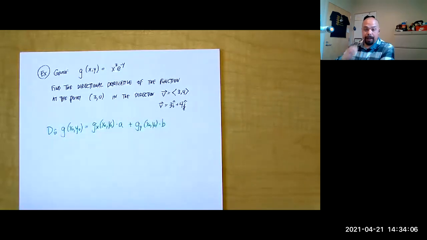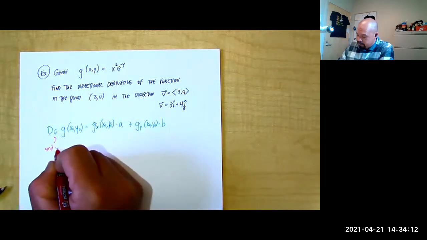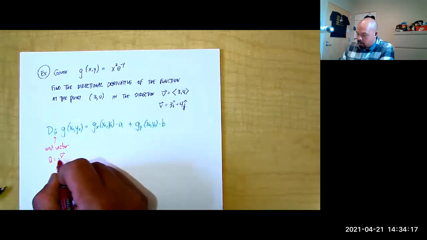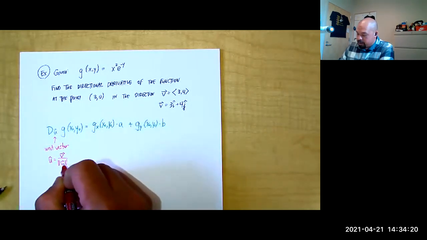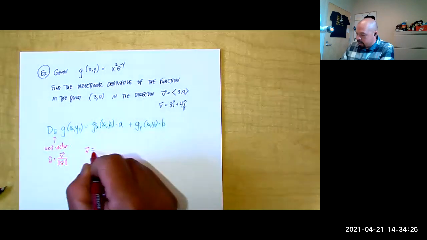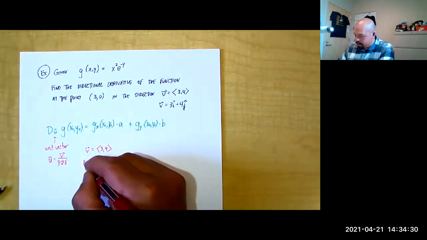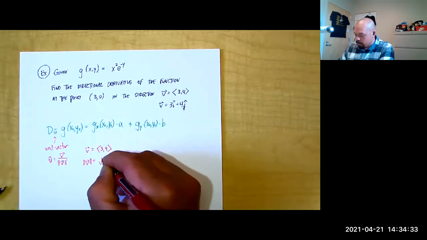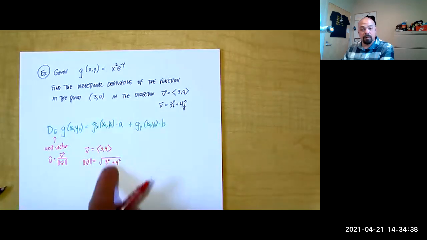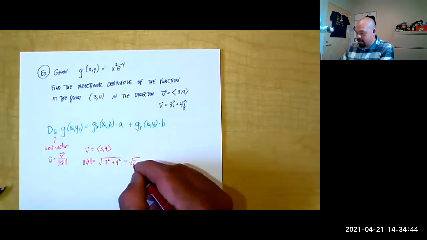But now we need our components. In this work here, this is a unit vector. U hat is v over the magnitude of v. I'm doing those double bars just to be extra clear here. So in this case, if v is 3, 4, the magnitude of v is the square root of 3 squared plus 4 squared, the sum of those squares. 9 plus 16, 25.